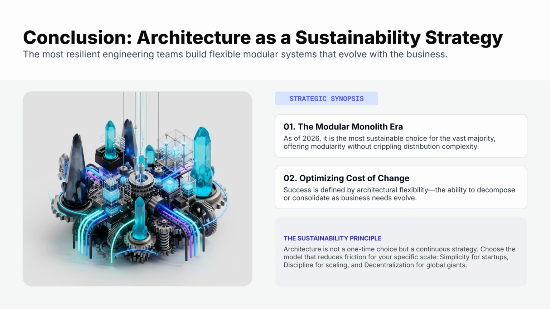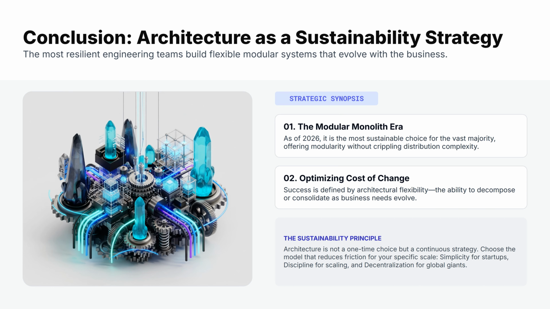Conclusion: architecture as a sustainability strategy. The architectural history of the last decade has taught the industry that there is no silver bullet. While microservices offered a promise of infinite scale and team autonomy, the reality of the Microservice Tax has forced a more pragmatic reevaluation.